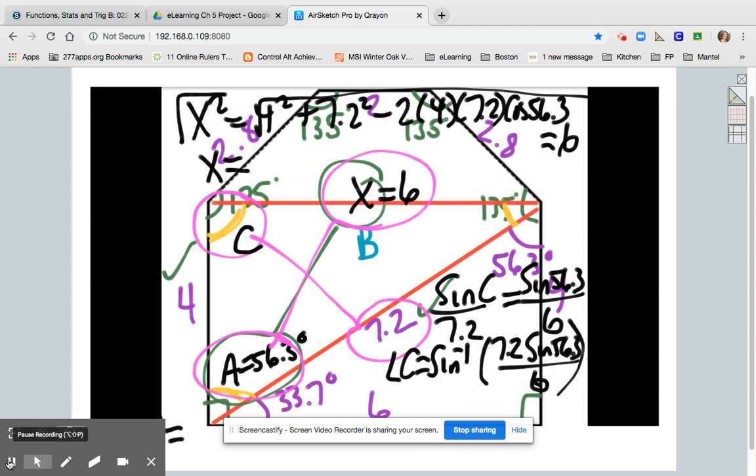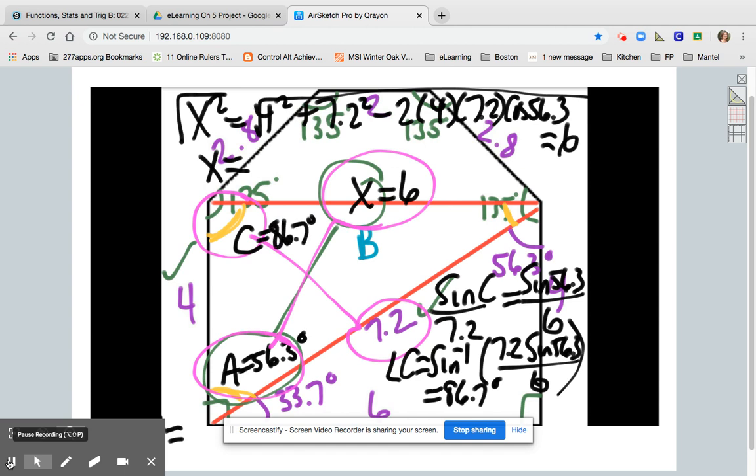When I do that, what angle C ends up equaling is about 86.7 degrees, it looks like. So it's approximately 86.7 degrees, and I can label that at 86.7 degrees.